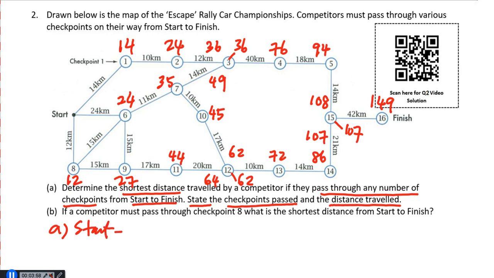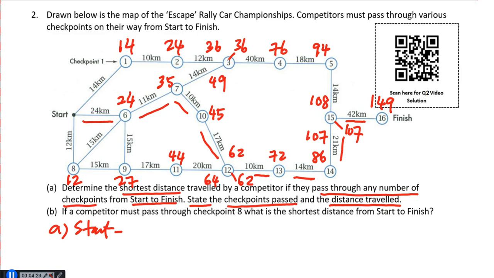Let's backtrace. We'll start with 149, and then 107 comes from this route here. And then 86 comes from here, 72 comes from here, 62 comes from here, right? And then 45 comes from here, 35 comes from here, 24 comes from here.